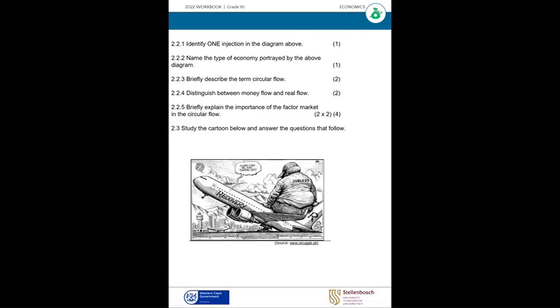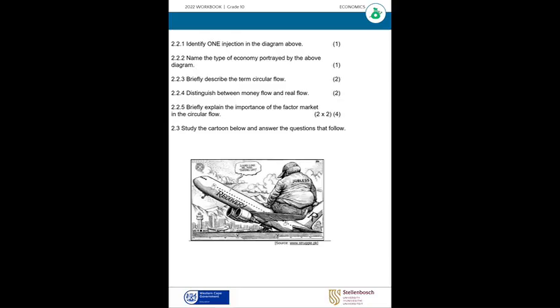Your 2.2.3, 3.3.3, 4.4, they will always read, briefly describe the term, right? So you need to once again know your concepts, right? So briefly describe the term circular flow.